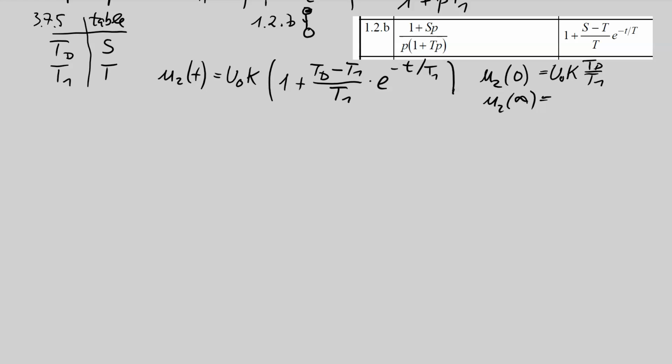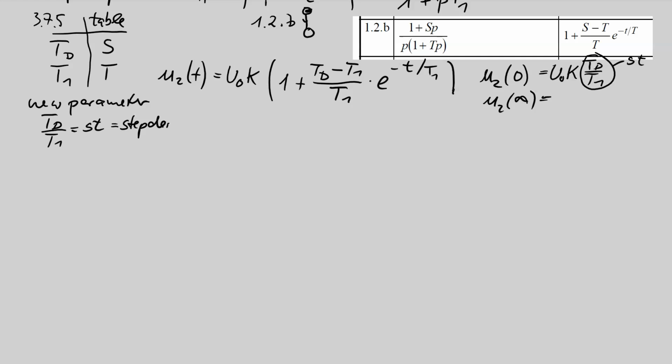Now I would like to introduce a new parameter. The ratio Td over T1 is called step depth in my lecture in the next steps. It is a new parameter, because this parameter is helpful in understanding the function. The ratio of the numerator time constant divided by the denominator time constant is called step depth.